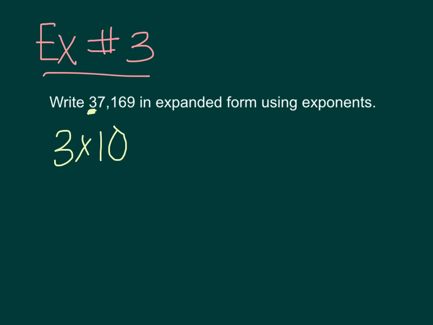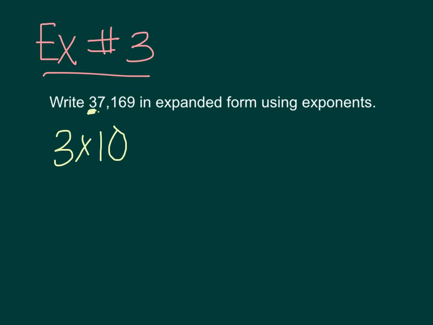Remember, if you're writing in regular expanded form, all the numbers after 3 become 0, because the value of that 3 is worth 30,000 if we just separated the 3 out. So that's why we multiply by powers of 10, because that would always give us zeros after the number. And all you do is count up how many places are after that number.